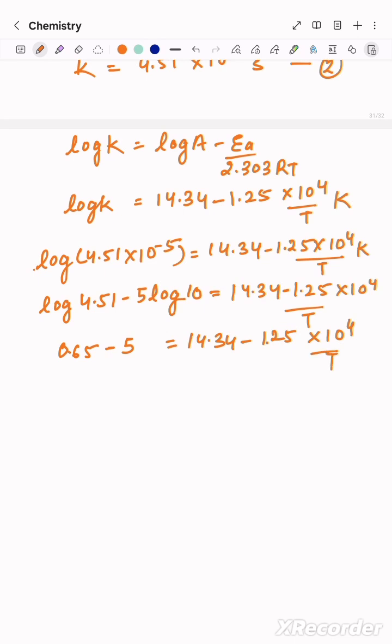So here, now after subtracting this will become 1.25 multiplied by 10 to the power 4 upon T is equal to 14.34 plus, after solving, this will become 4.35.